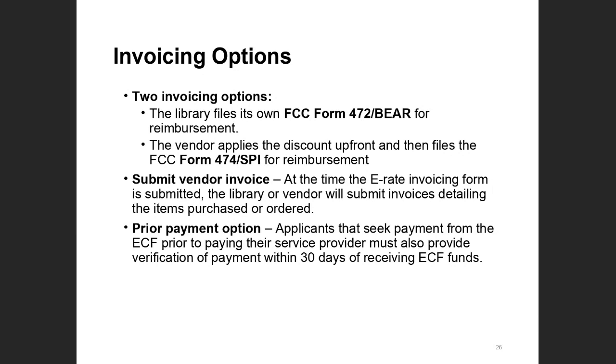I'm not sure how that mechanism is going to work because the existing BEAR form doesn't really have that functionality. I don't know if you'll be emailing it somewhere or there's going to be some kind of Dropbox for that, but somehow you'll be submitting an actual copy of the invoice.